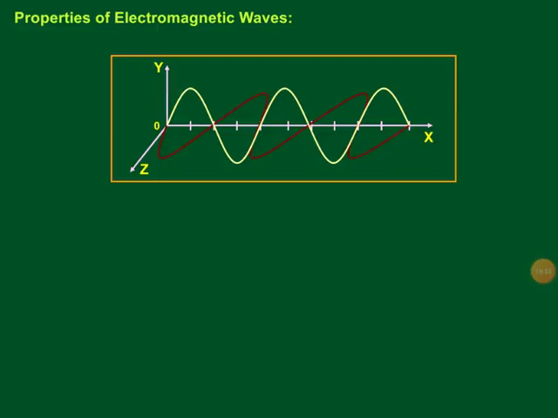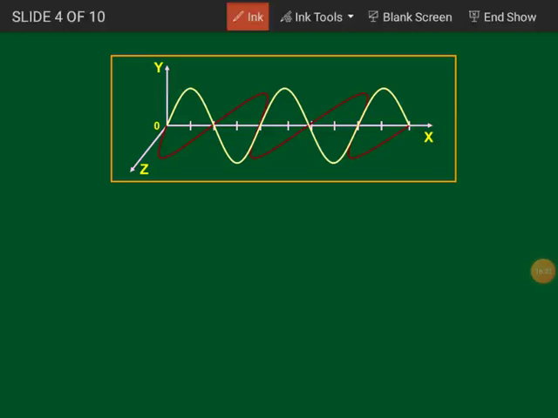The electromagnetic wave is propagating perpendicular to both of them. That means it will be perpendicular to the xy plane and to the yz plane. This plane is the yz plane. So perpendicular to it, electromagnetic waves will be propagating like this along the x-axis.